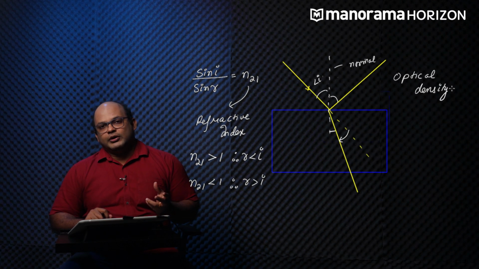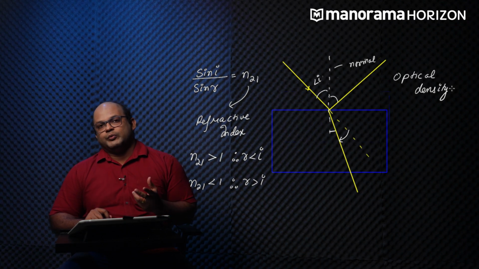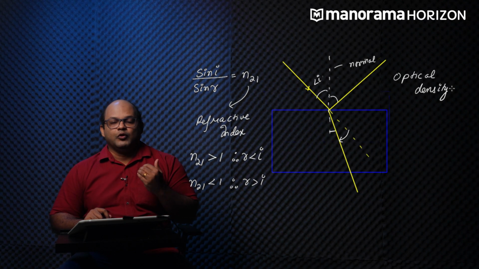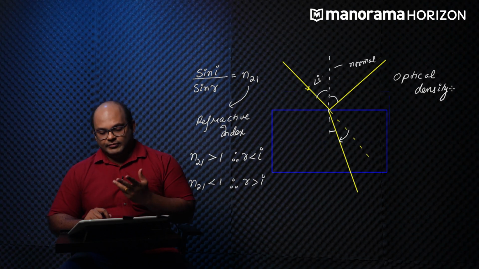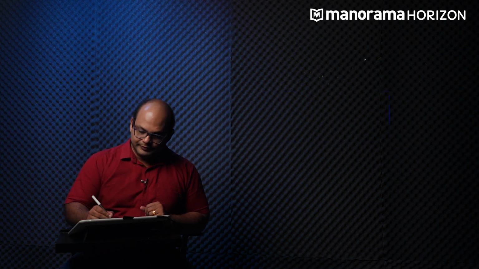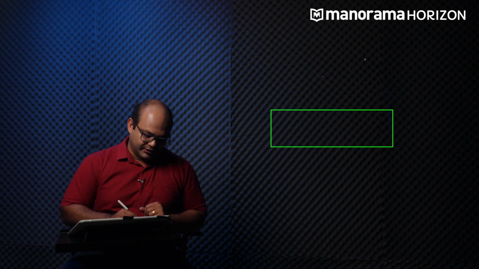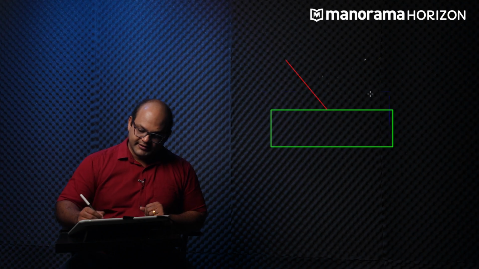Now, since we have one interface across which the light is bending, what happens if there are two interfaces? For example, let's again take a glass slab. So here is another glass slab, and we have a ray of light entering the slab at an angle, let's say like this.